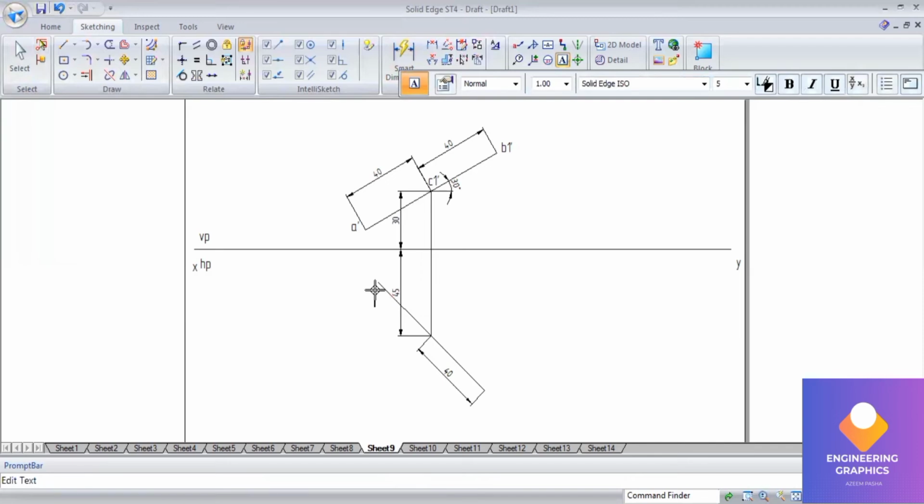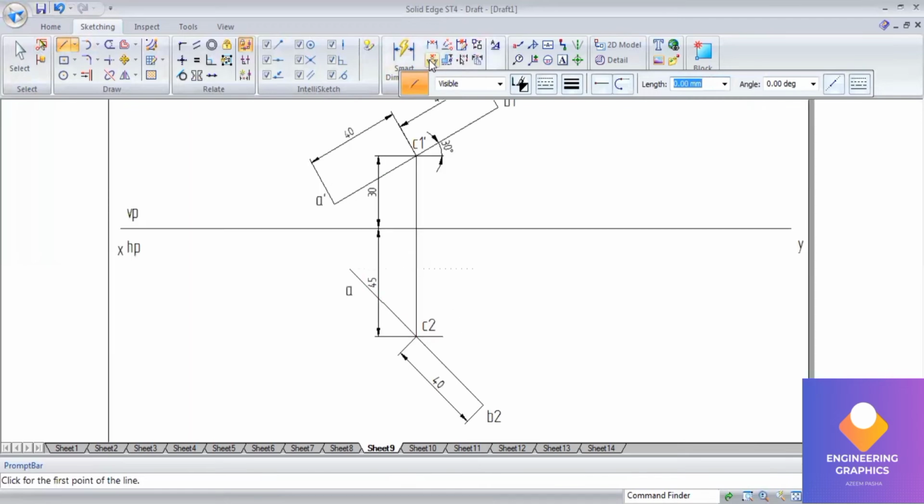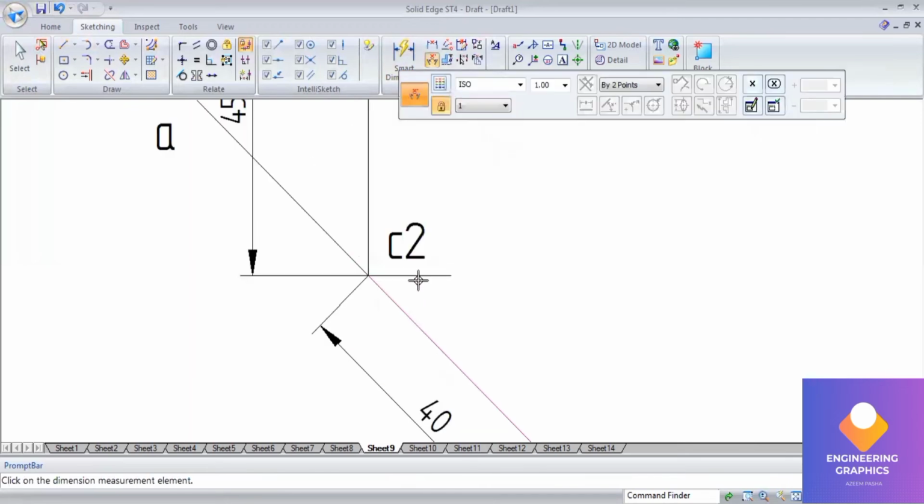So this is the end point A, the other end point we have is B2, and this is C2. So you can see with the straight line we have the midpoint. Now with respect to all these reference endpoints, first we'll mention the angle, then we should mention the locus lines.